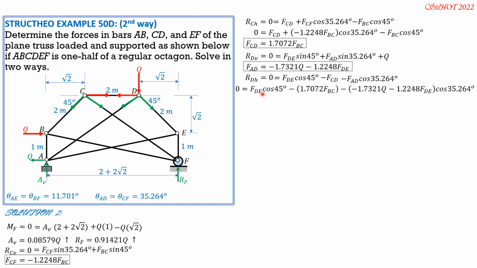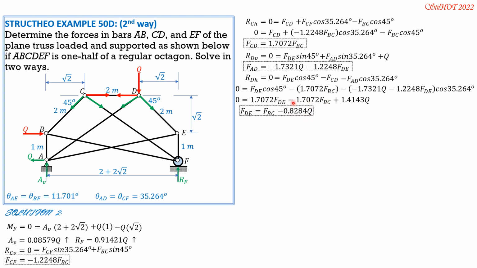So combined FDE, cosine 45, then negative negative, so plus 1.2248 FDE cosine 35.264 is 1.7072 FDE, then minus 1.7072 FBC, then for Q, negative of negative 1.7321, so positive 1.7321Q, cosine of 35.264 is 1.4143Q. So finally, FDE in terms of FBC and Q is FDE equals FBC minus 0.8284Q.